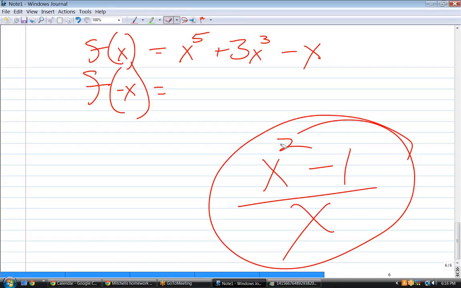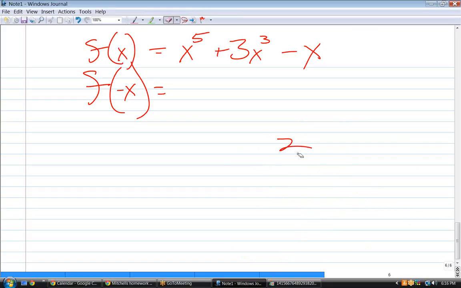Even though I have an even exponent there and an odd exponent there, that's not enough when there's division going on. When it's just a simple polynomial like this, I'm quite certain that if all the exponents are odd, you have an odd function. If all the exponents are even, you're going to have an even function. But just to make sure, let's check.